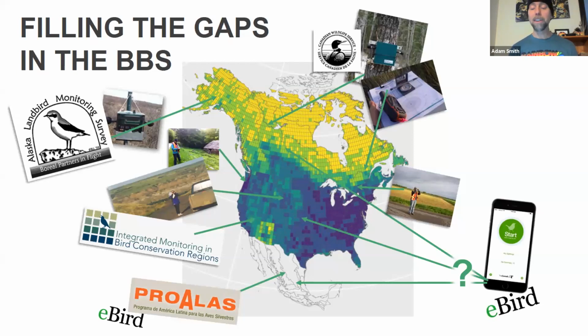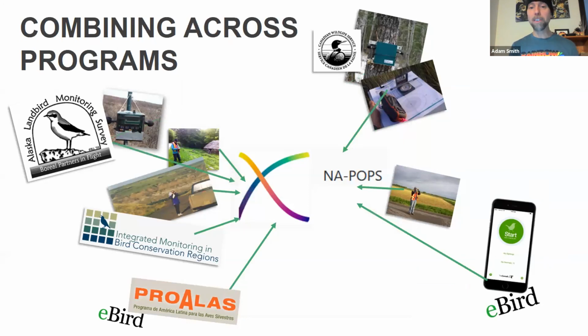And in a nutshell, I think the approach to filling those gaps is a function of cooperating and collaborating with existing surveys that are ongoing in some of those other areas that are not roadside BBS-based surveys, designing new surveys to fill the remaining gaps, and integrating information.